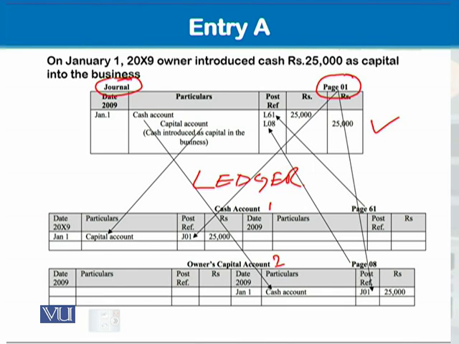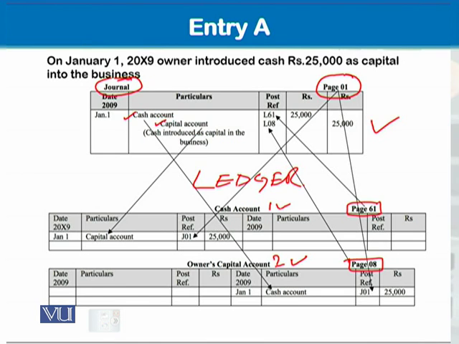One is the cash account and the second one is the capital account. We can see that there are two accounting heads involved in this journal entry. Okay, so this is the cash account and this is the capital account. Well, now see, the cash account is being prepared at page number 61 of the ledger and the capital account is being prepared at page number 8 of the ledger.